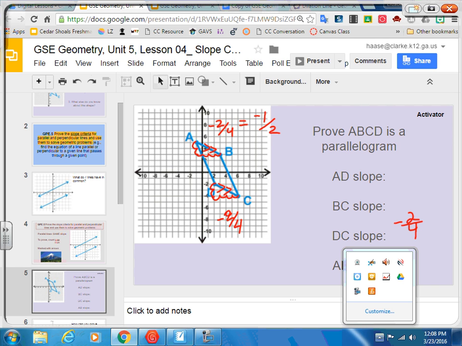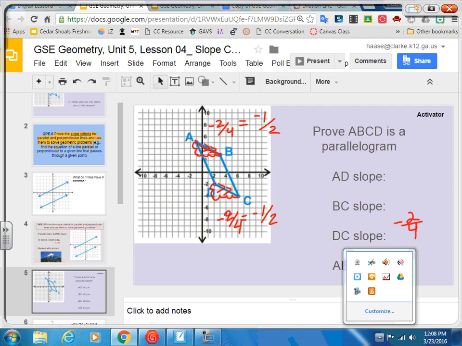If I put -2 over 4 for BC, and I put -1/2 down here, will everybody recognize that those are the same necessarily? No. If you simplify both and you put -1/2 and -1/2, that's fine. I would just be careful to make sure you do both of them. Otherwise, you might leave one as -2 over 4 and the other one as -1/2, and think those aren't parallel, when in fact they are. You just have to simplify. Okay.